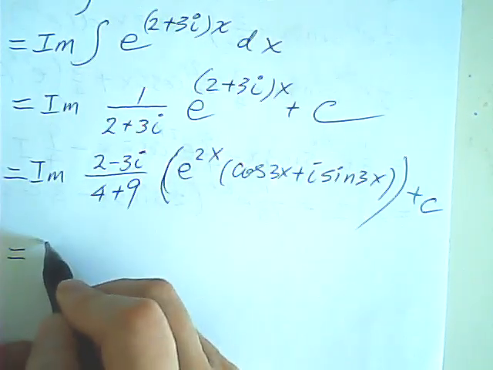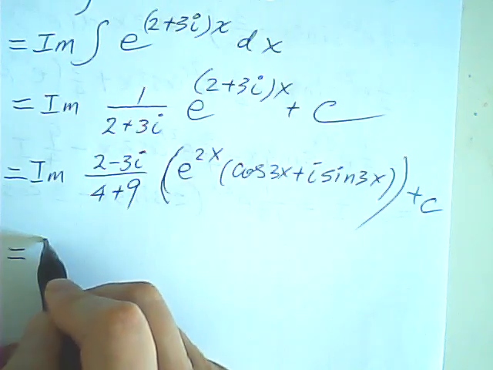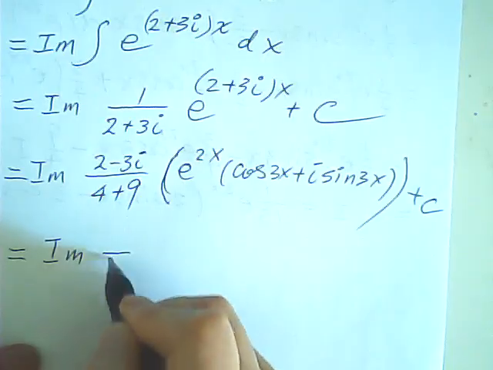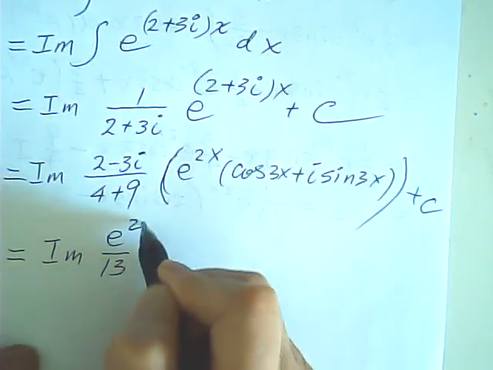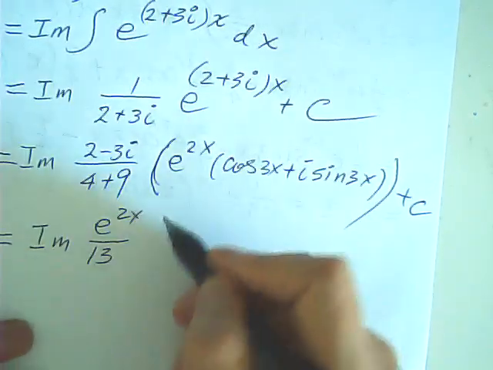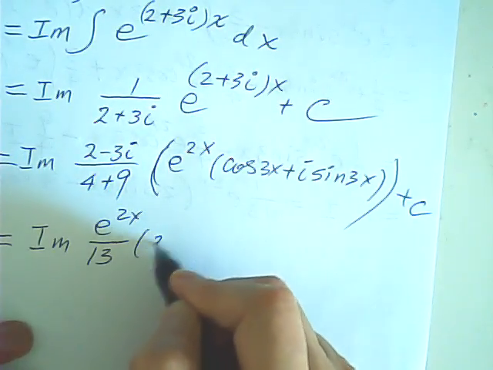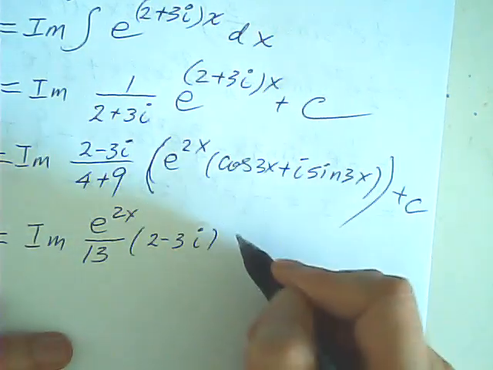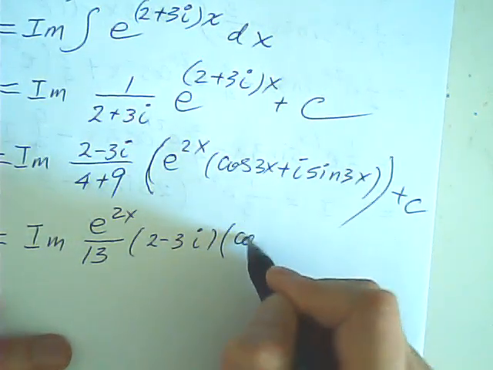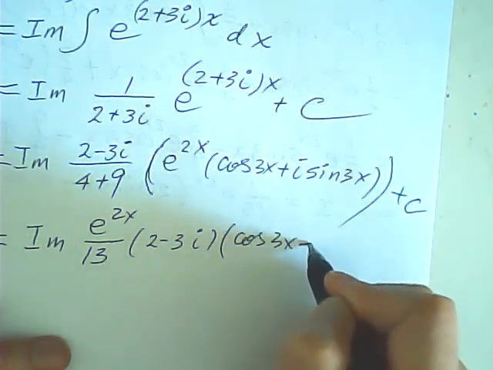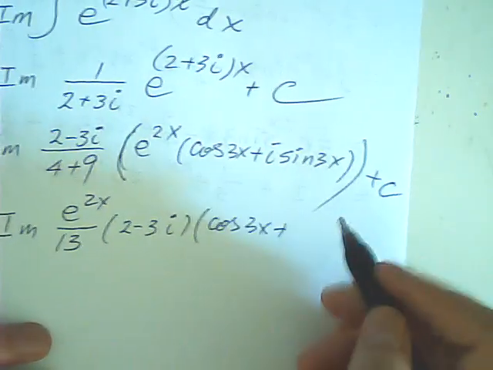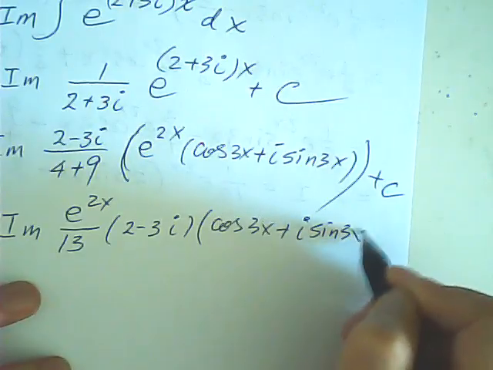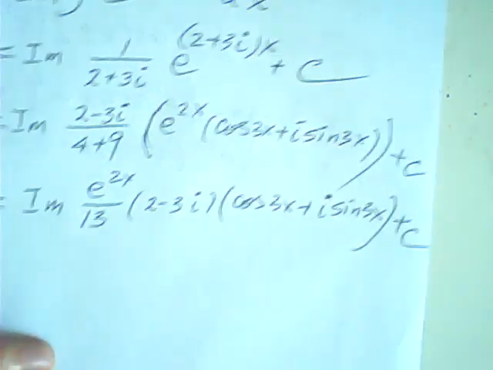This will be equal to the imaginary part of 1/13 e to the 2x, right, that is (2 minus 3i) times (cosine 3x plus i sine 3x) plus c.